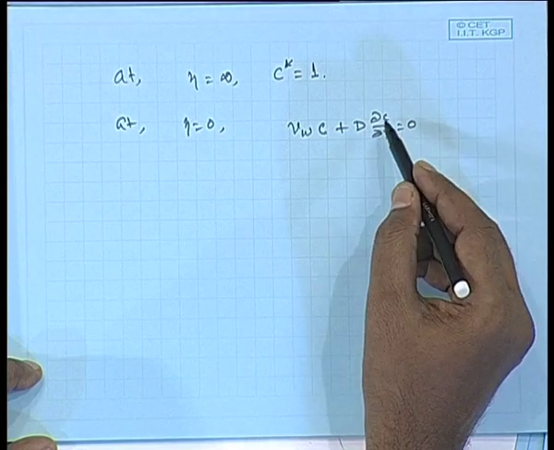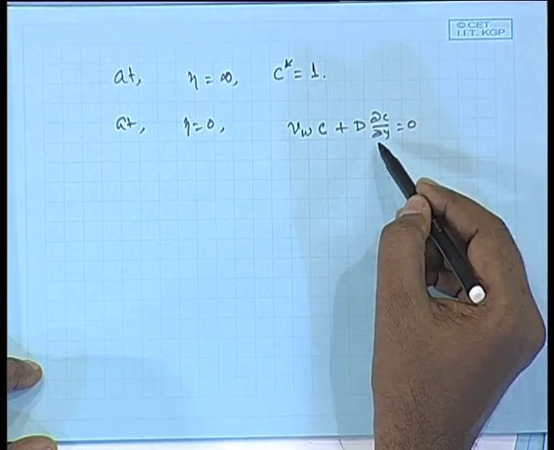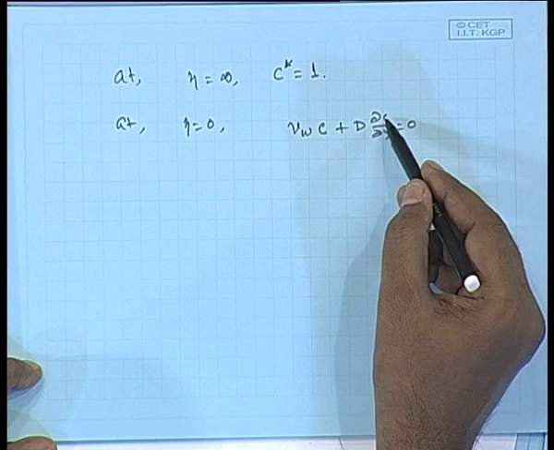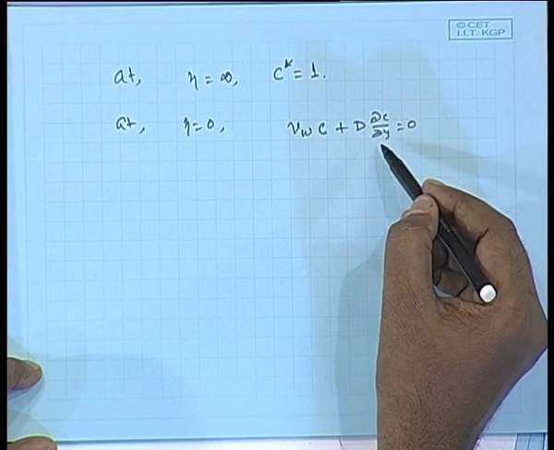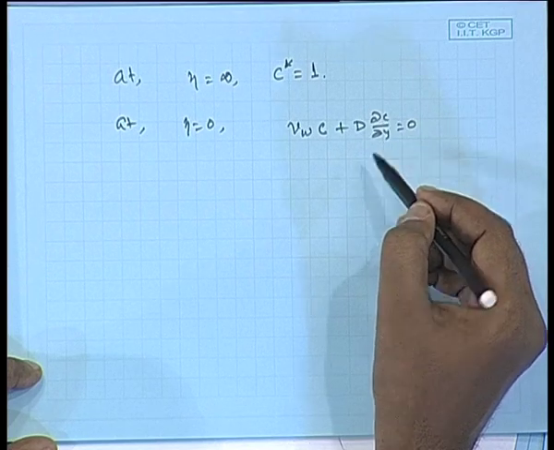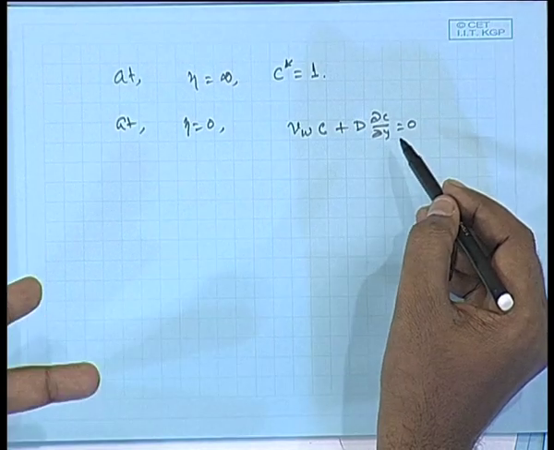Now, you have already expressed the partial derivative del c del y in terms of dc d eta, substitute that, because the boundary condition has to be in terms of eta. Okay.